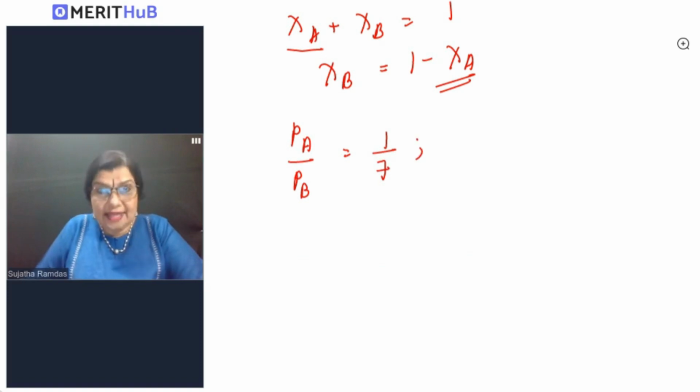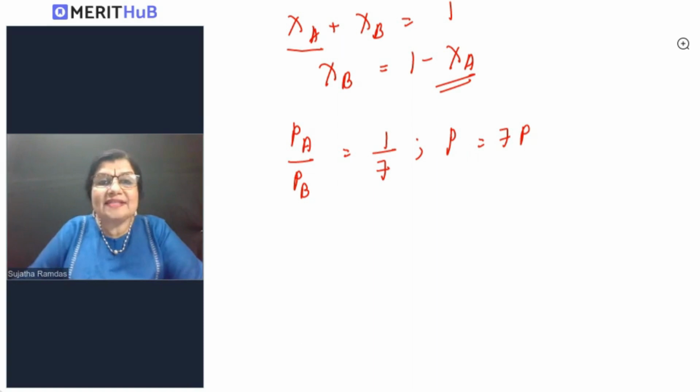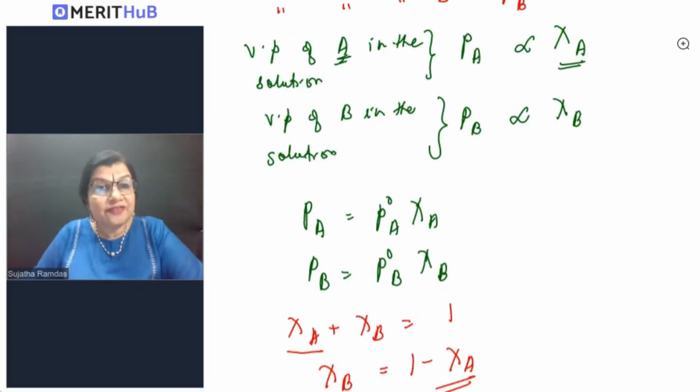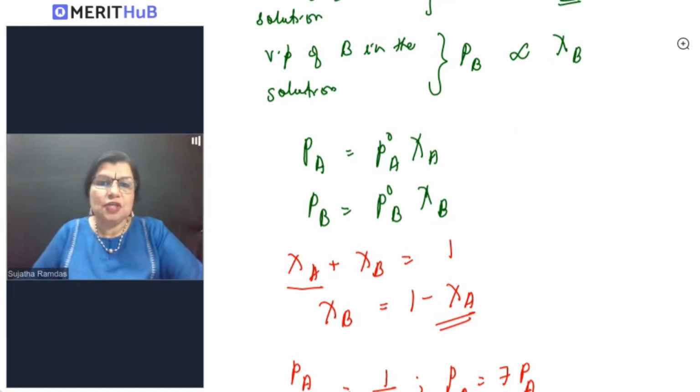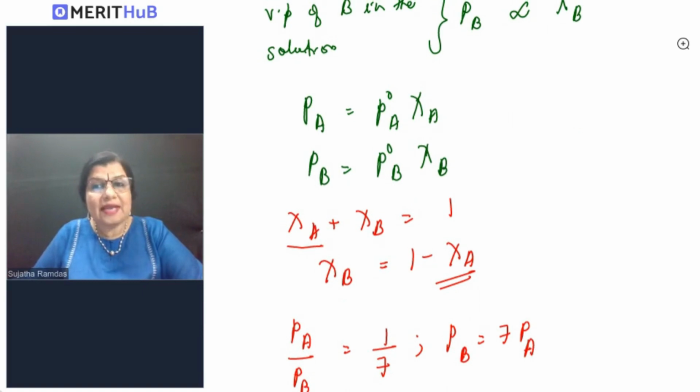And therefore, we can write this down as PB is equal to 7 PA. Since we want to find out the mole fraction of A, let's get everything with reference to A. So PA would have been 1 by 7 PB, but we want PB, so PB is equal to 7 PA.